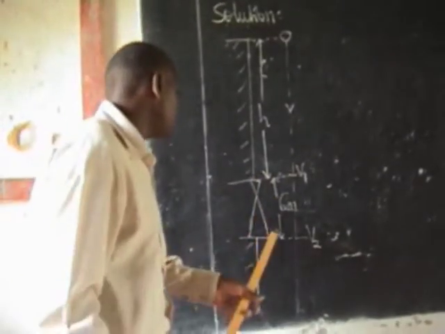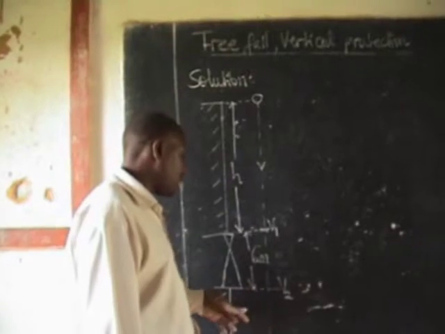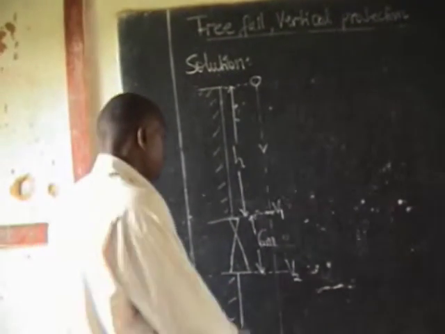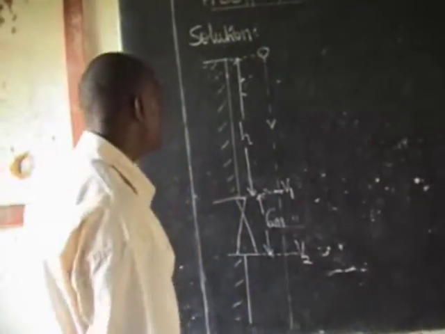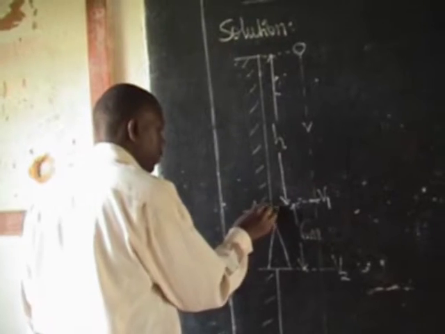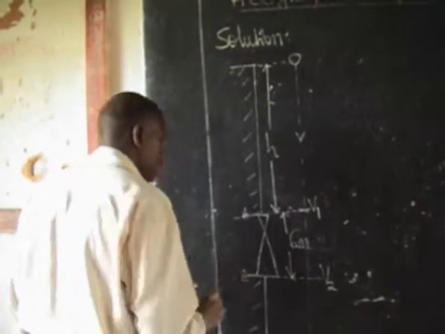However, this requires you to use equations and time taken. So we are going now to form two equations having the given information. I'm going to call this level A, I'm going to call this level B.